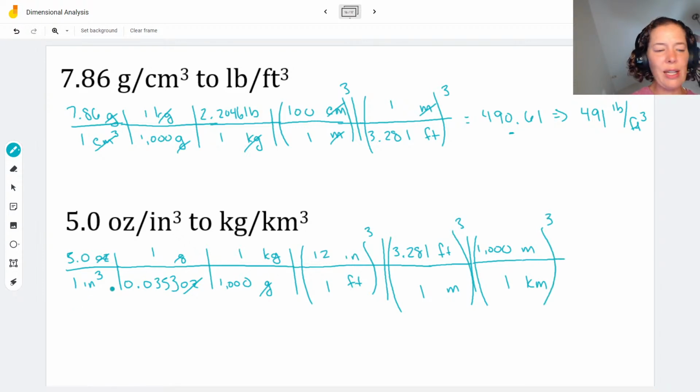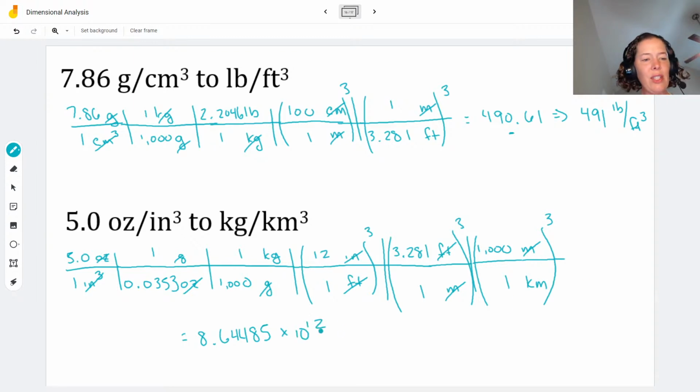So now what we've got is we've got our inches cubed cancels, our feet cubed cancels, our meters cubed cancels, and we're left with kilometers cubed. Now I'm ready to put it in my calculator. Again, being careful that you make sure that the powers get done first. And now let's do sig figs.